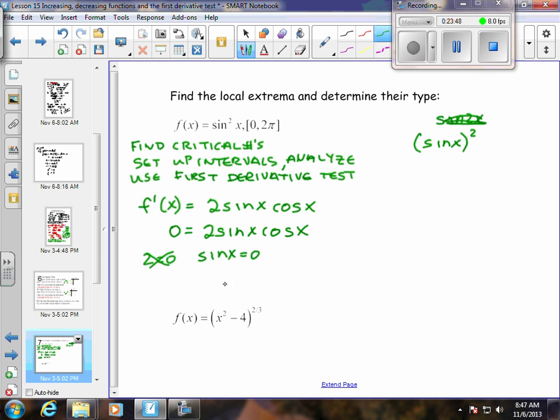If sine of x equals 0, what would x be? And we are within this interval 0 to 2 pi. 0, pi. Okay. And then my last factor is cosine x equals 0. And where does that happen?